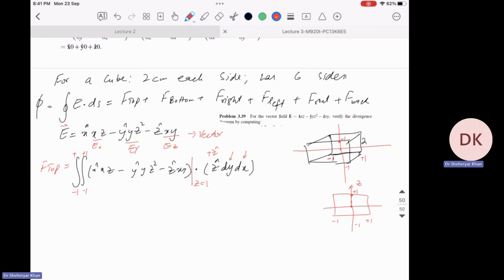So now this is the first equation, and now you can write the rest of the 5 equations by following the symmetry. Now, let's say this is top. What about the bottom? In bottom, we use minus z here, and z should be -1. And that's how we follow to the other parts. Okay. First, solve me this one.